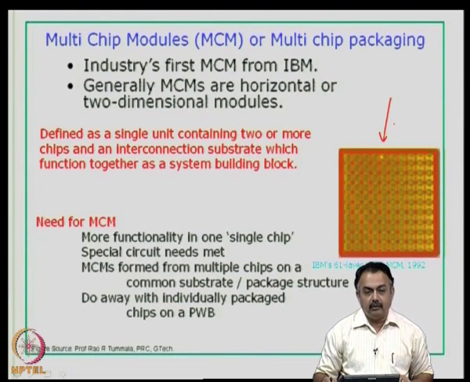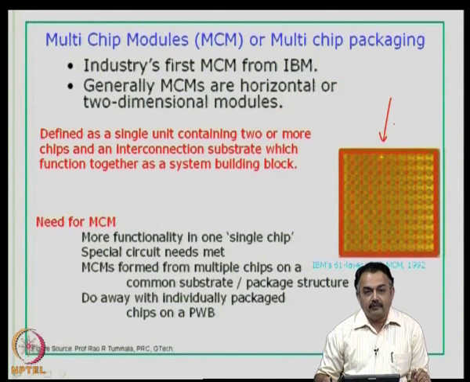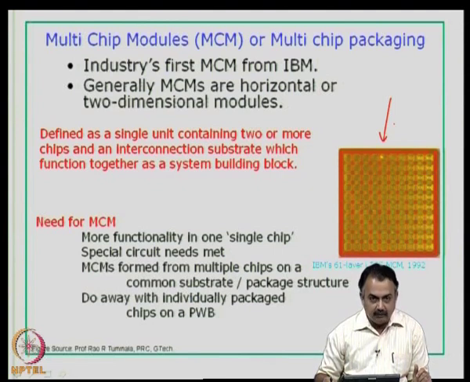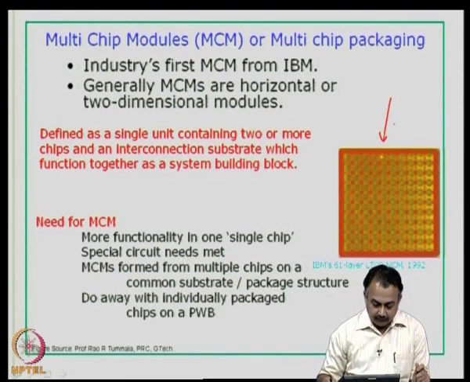It is the question of what kind of substrate and the methodology to create a high density multi-chip module that becomes very interesting. Why is there a need for a multi-chip module? Because if you compare with a single chip module, what are we trying to do when we go in for a multi-chip module?